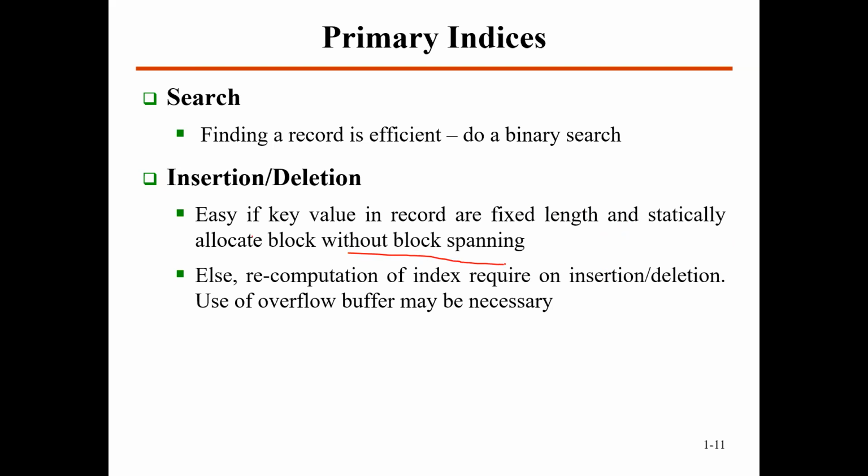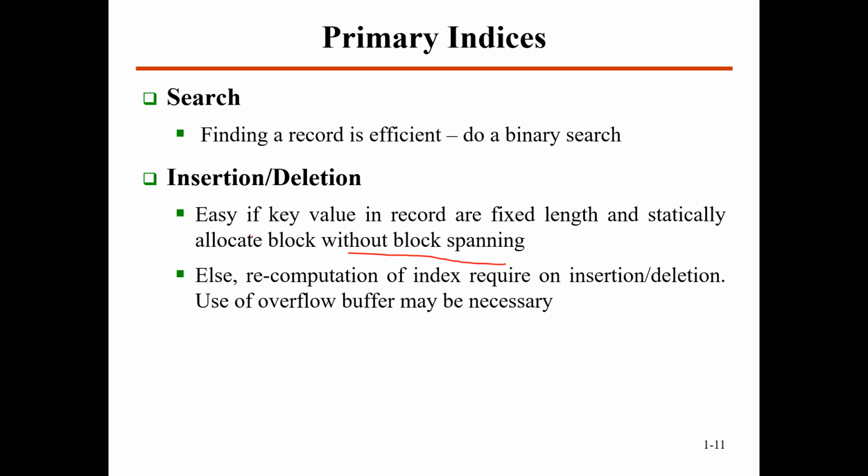It means, for example, if the block becomes huge, it can span over the next block. So if this is not the case, then insertion and deletion is easy if the key values in records are fixed length and statically allocated blocks without block spanning.